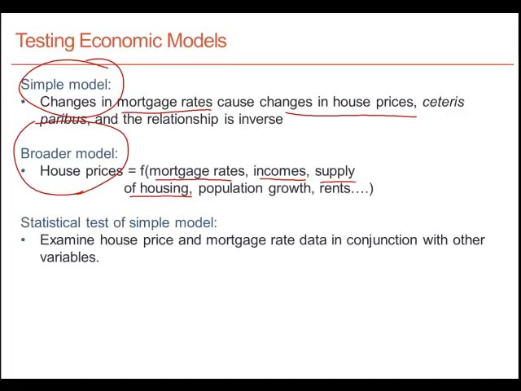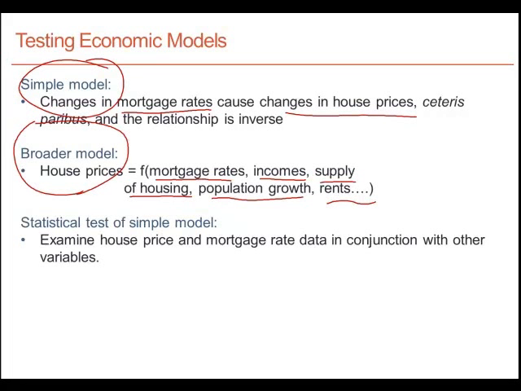They would also depend upon what the growth in the population is, whether rents are high or low, and perhaps several other factors as well. So here we have a very general statement of a broader model stating that there is a relationship between house prices on the one hand and a whole variety of other influences on the other.